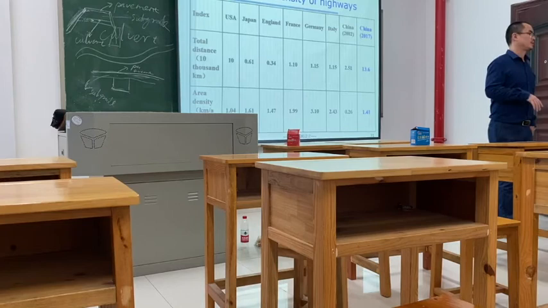Haikou is a small city, but Changsha is a big city. Beijing, Shanghai, Guangzhou, Shenzhen are very big cities. Changsha, Wuhan, Xi'an are big cities. Haikou is a middle city.